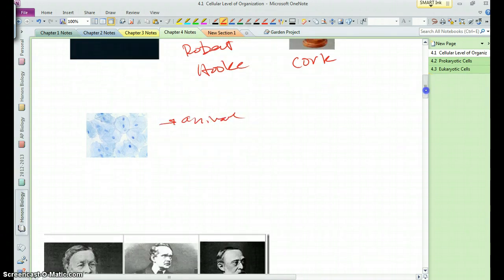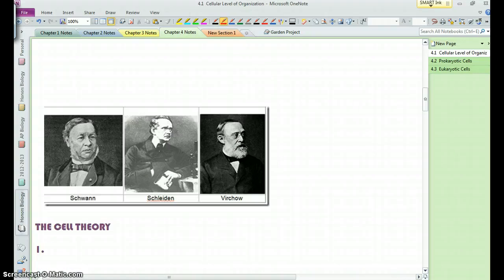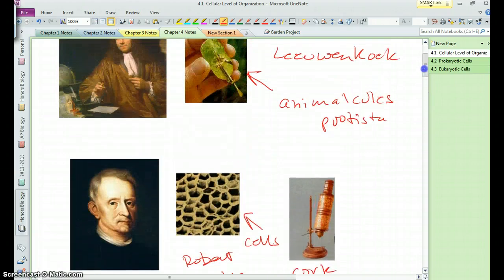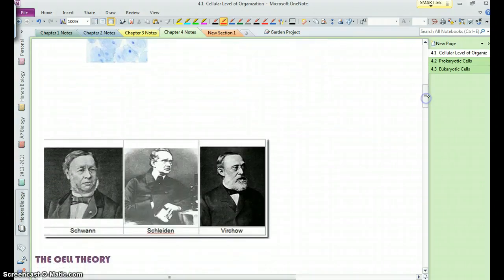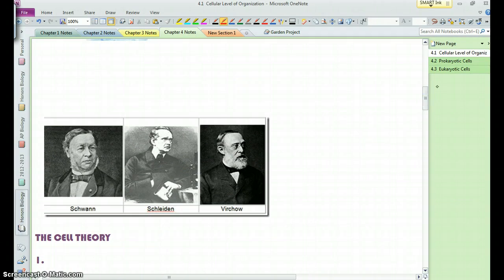Okay, so Robert Hooke came up with the term cells, and here are some animal cells. We'll look at some of those later. Now we get to these guys, Schleiden, Schwann, and Virchow. For some reason I always like to say Schleiden's name first. I don't know why that is. And so von Leeuwenhoek and Hooke were looking at this microscopic world and saying, oh, there are these tiny little things, and we call them cells. And so these guys came along and said, well, are all things made of cells?